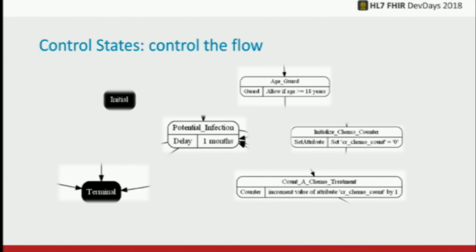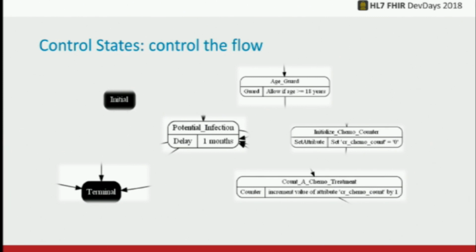But basically there are 2 types of states. One is control state, which controls what happens to a patient and where they go through the system. So there's things like an initial state. Everyone starts at the initial state. There's a terminal state. Terminal state does not mean they're dead. Terminal state means that particular module ends.